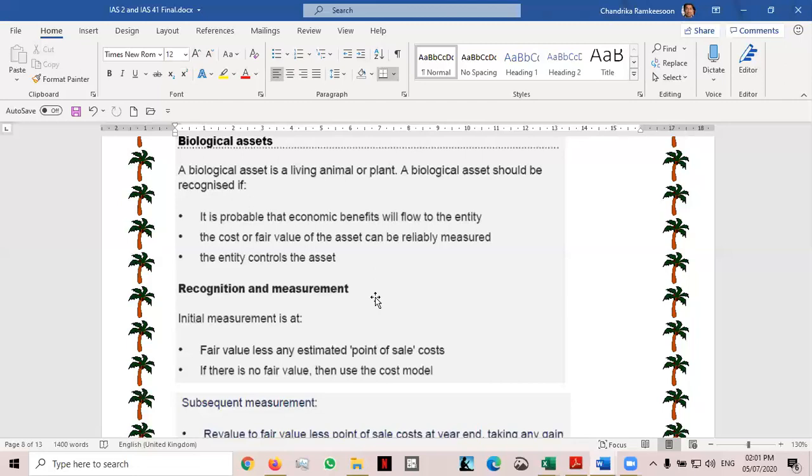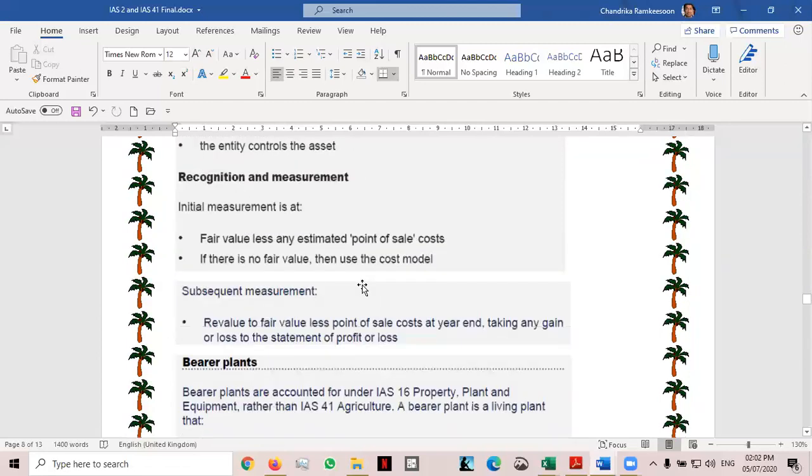No, it does not. Number two, the fair value less estimated costs must be used. However, if there is no fair value, then and only then would the initial measurement be at cost, because you were told that. You saw here, if there is no fair value, then use the cost model.